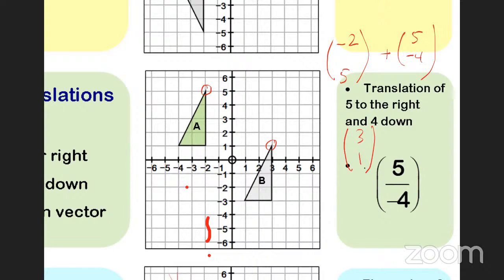Everybody okay with that? Yeah? How do you do the reverse? Suppose I have the point minus 2, 5, and I have the point 3, 1. What would have been its translation?